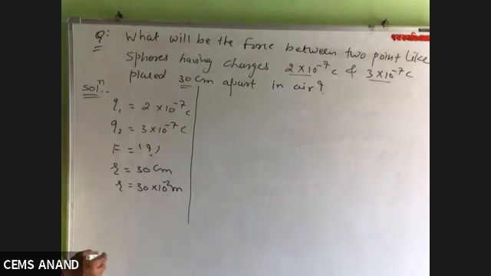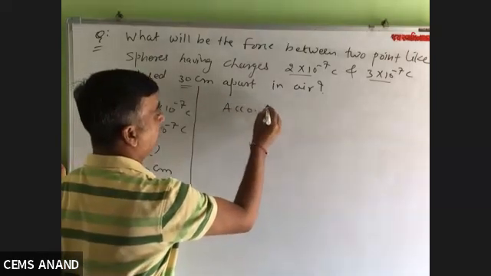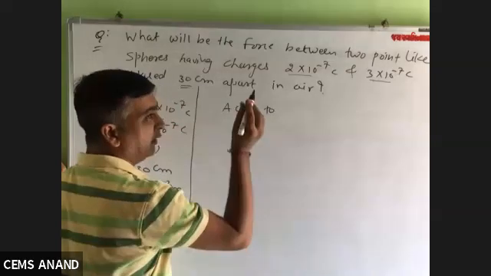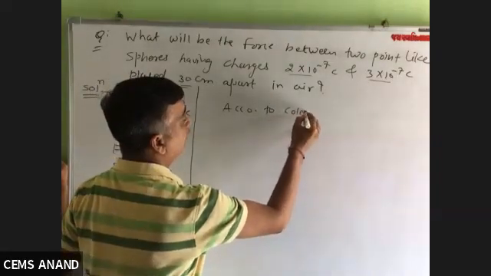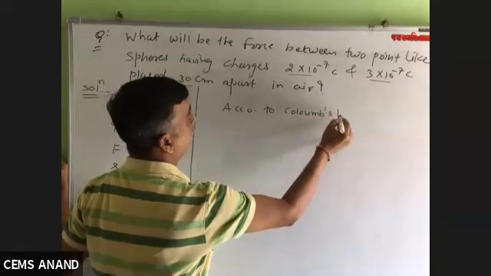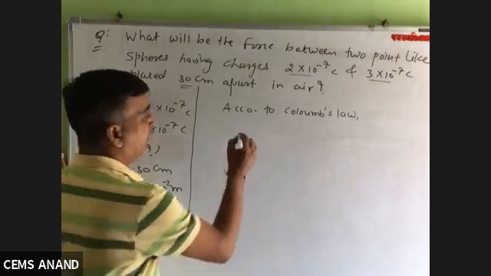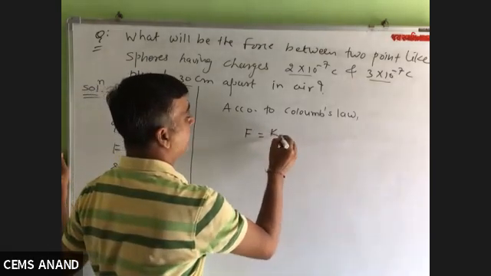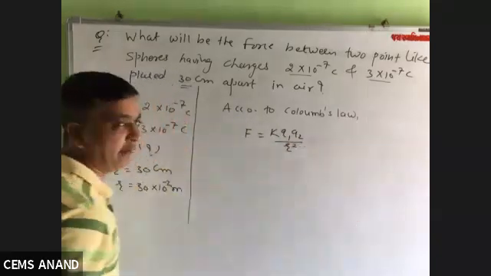Now it is okay. Then what else we require? Even though it is not given to us, we know that when we are writing according to Coulomb's law, F is equals to K Q1 Q2 upon R square.